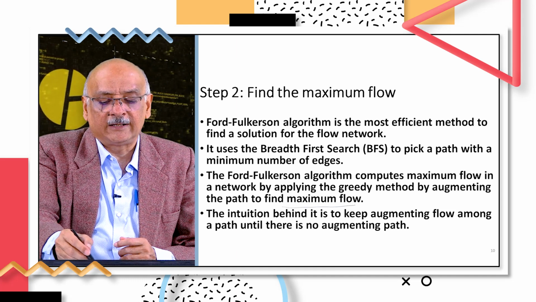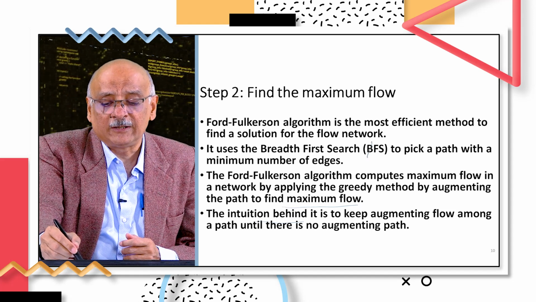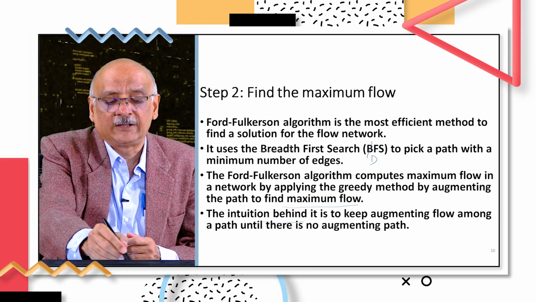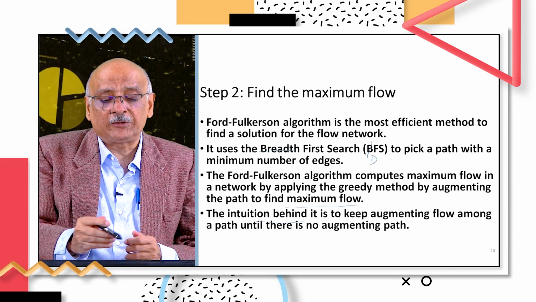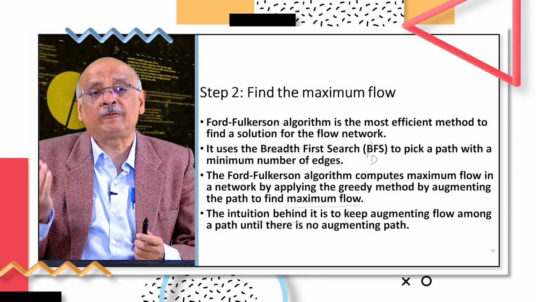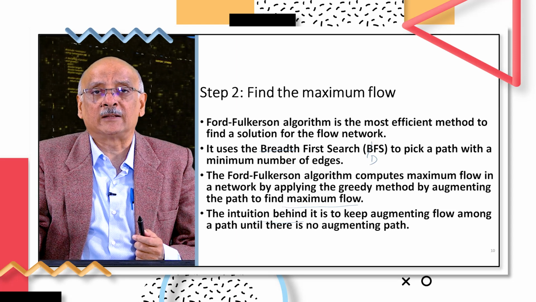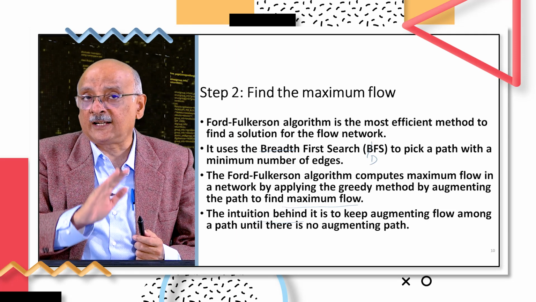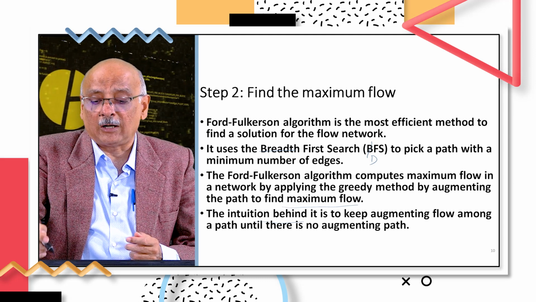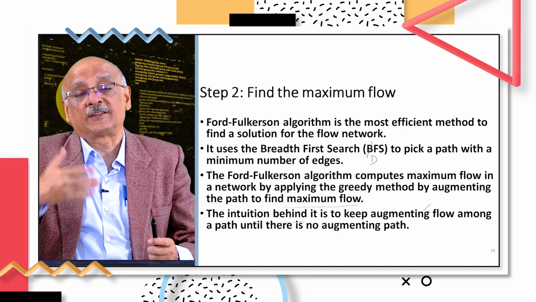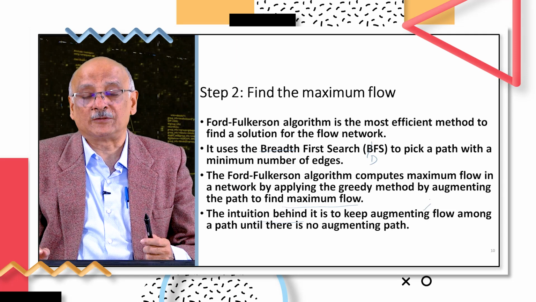And to find the maximum flow, the intuition behind it is to keep augmenting flow along a path until there is no augmenting path. So we are not going to go for the search operation, but rather look at how the Ford-Fulkerson algorithm augments different paths and finds the maximum flow for a given situation.